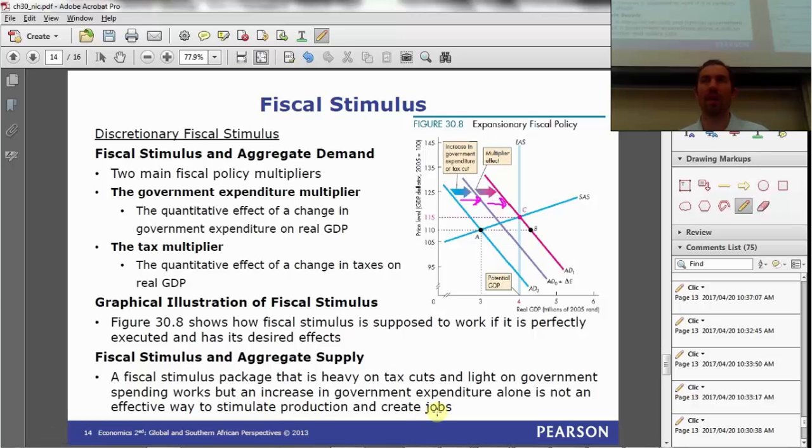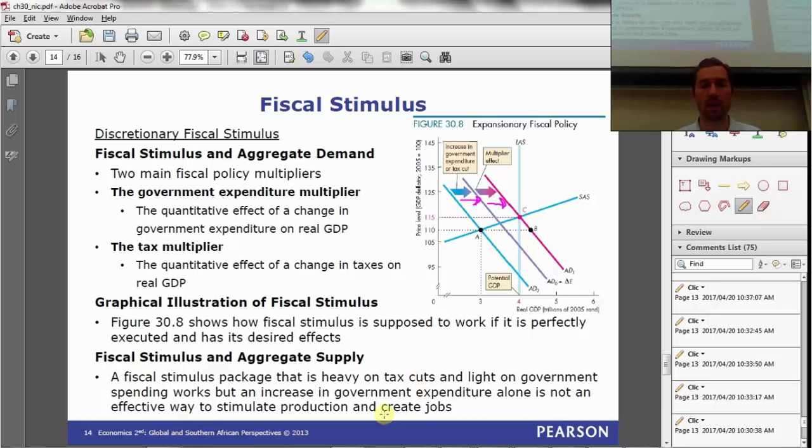Why? Remember, if we increase government spending, it's fine in the short run, except prices will rise and we end up back at the long run with higher prices. If, however, we also have tax cuts, and those tax cuts shift labor supply, and that shift leads to an increase in full employment output, then it's a useful kind of growth tool.